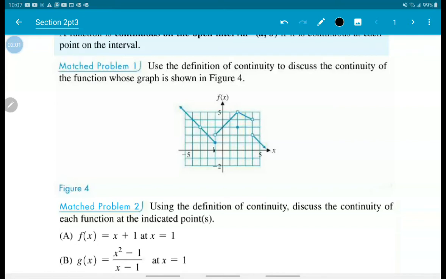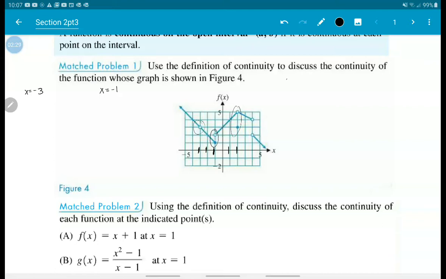Now you can see there's definitely some places that are interesting here. This is going to be an interesting place, and that's happening at x equals -3. This is going to be an interesting place because of that gap. So we're going to look at what happens at -1. And this is going to be interesting here because we have a hole, but we have a point filled in.